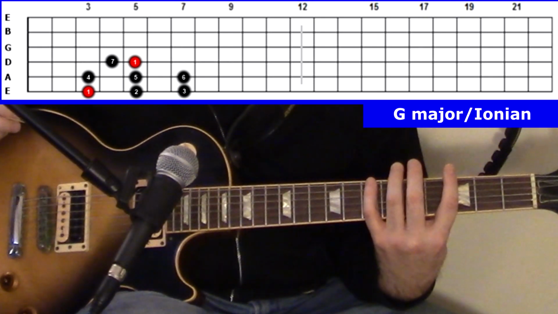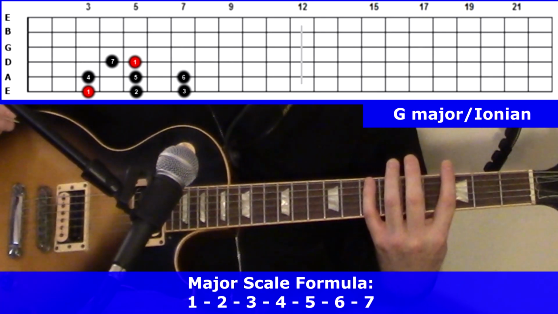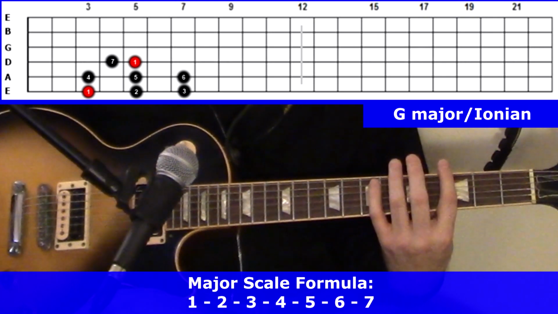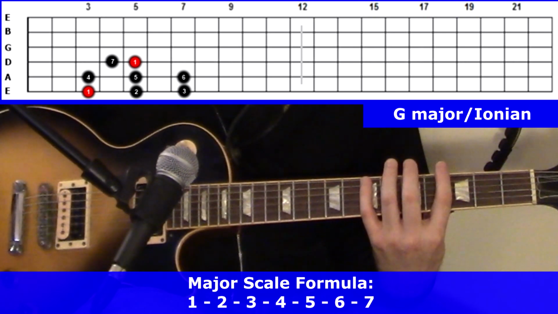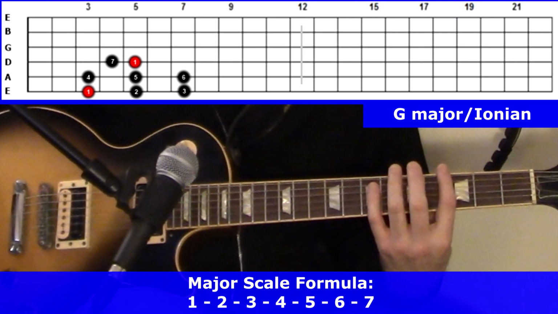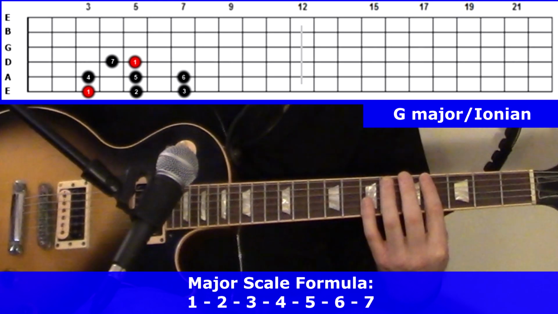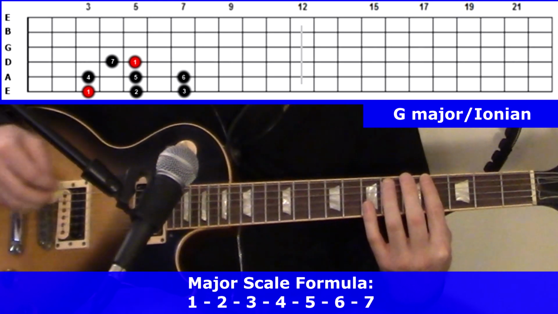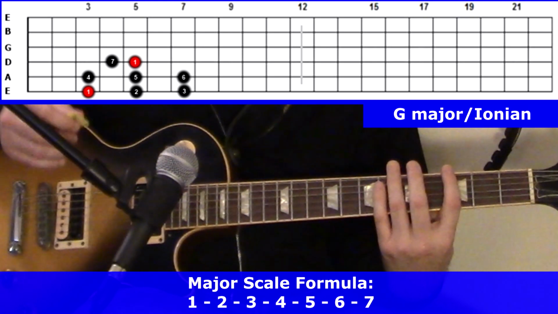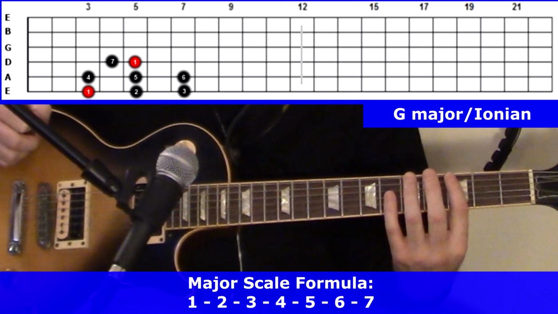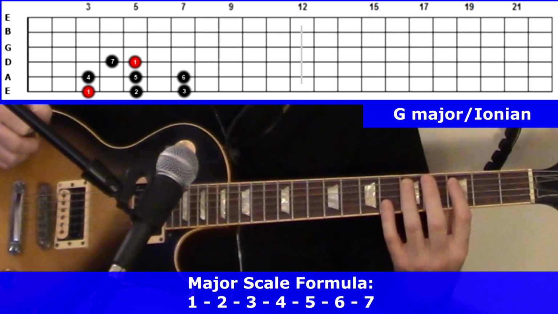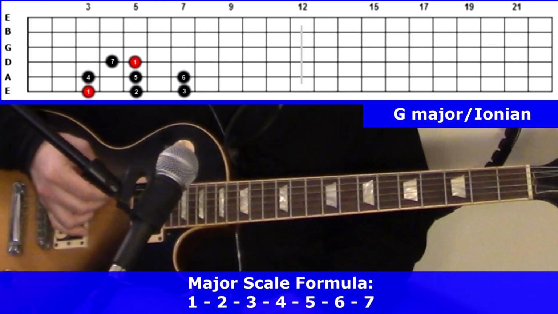The major scale always has a scale formula of 1, 2, 3, 4, 5, 6, 7. Each of the numbers represents one of the 7 notes of the scale. So if you wanted to take a scale and then turn it into a Lydian scale, what you do is you sharpen the 4th degree. So if I want to take the G major scale, otherwise known as the G Ionian scale, and turn it into the G Lydian scale, I would just sharpen the 4th degree by a half step.